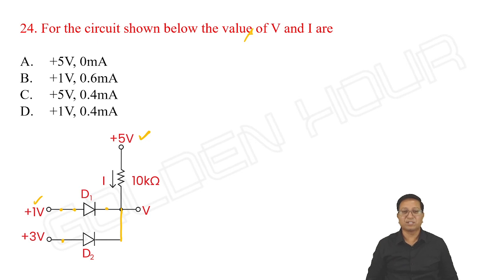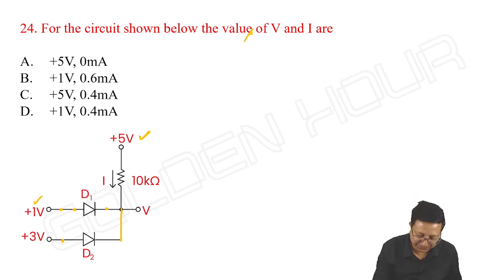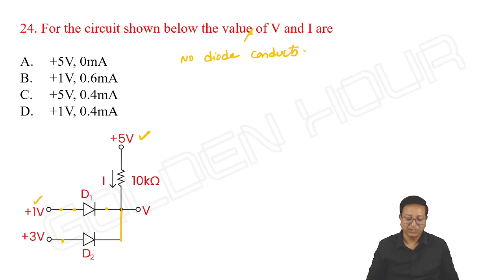Both anode voltages are less than the power supply voltage, 5 volts. So no diode conducts in this example. If so, what is the equivalent circuit?